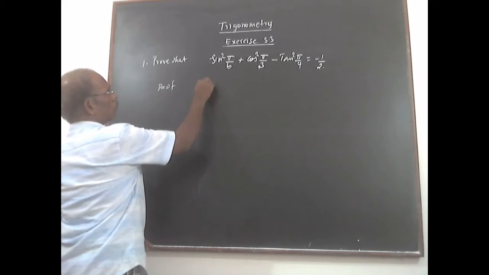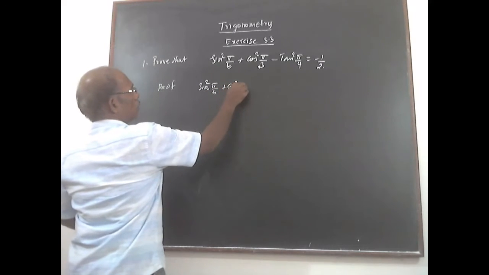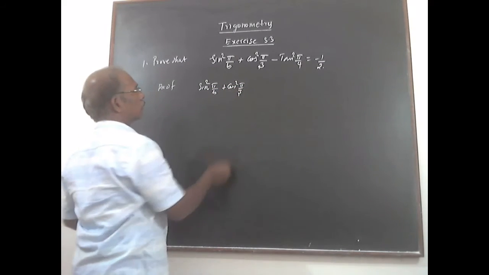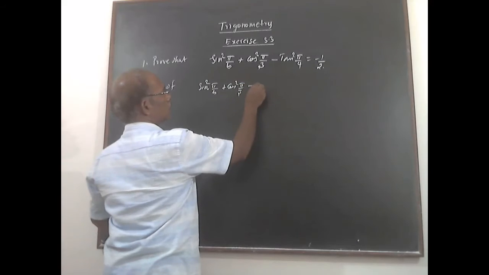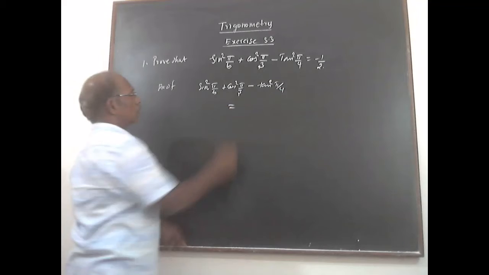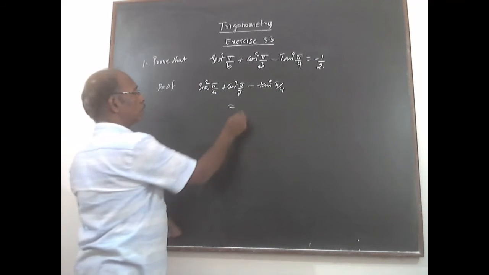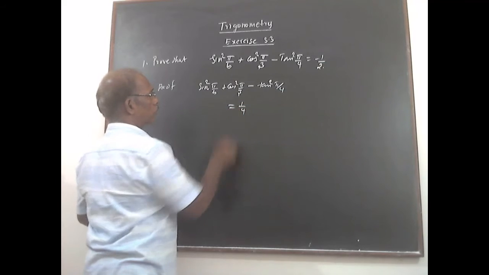Sin square pi by 6 plus cos square pi by 3 minus tan square pi by 4. Sin pi by 6 is 1 by 2, so 1 by 2 the whole square is 1 by 4.